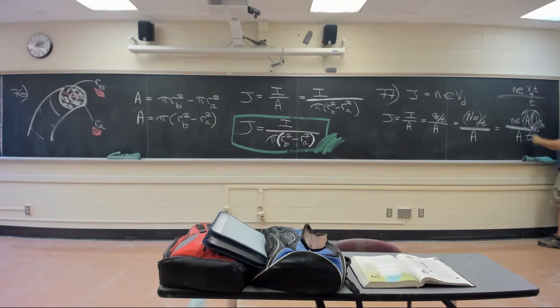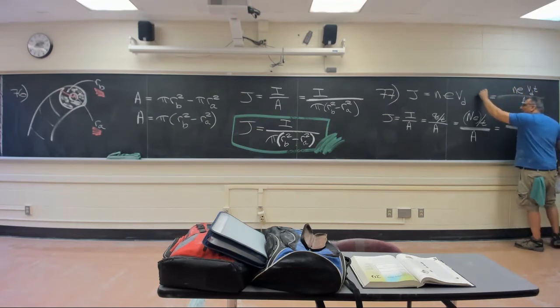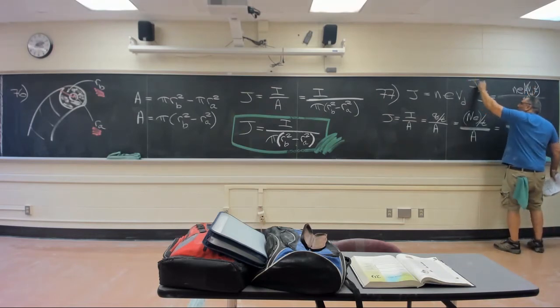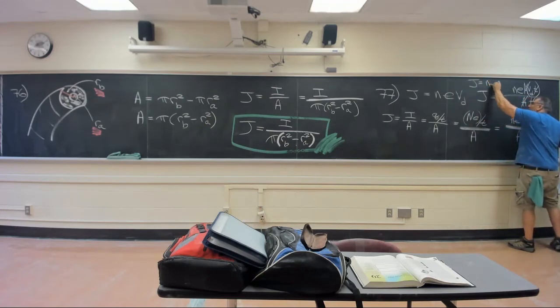That's I. Divided by A, you get J. Wait a minute, you had an A here too, because this was the L. T goes, A goes, N, E, V sub D.